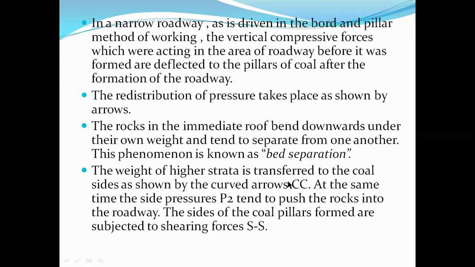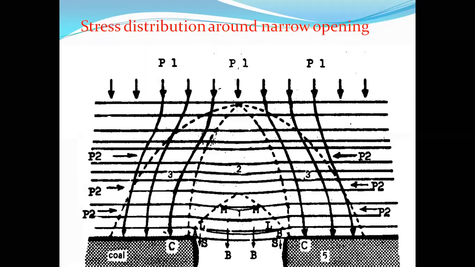Next, the weight of the higher strata is transferred to the coal sides as shown by the curved arrows CC. At the same time, the side pressure P2, that is nothing but the lateral forces, tends to push the rocks into the roadway. Look here, this is very important. These are the forces acting vertically downwards, and there are some lateral forces.